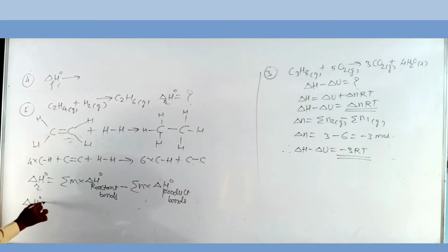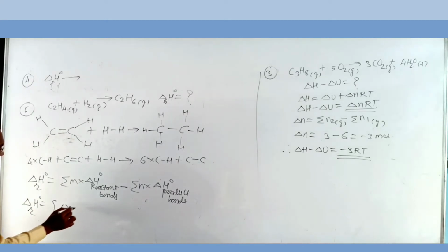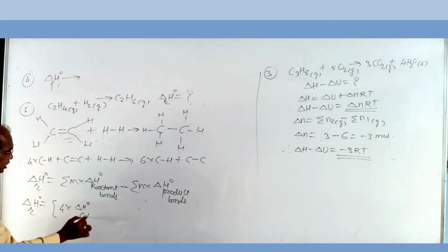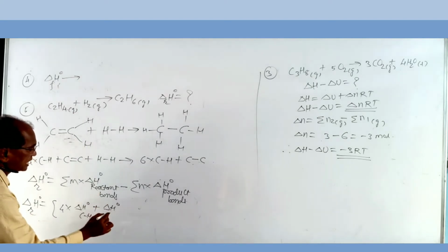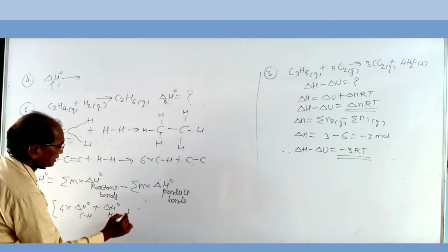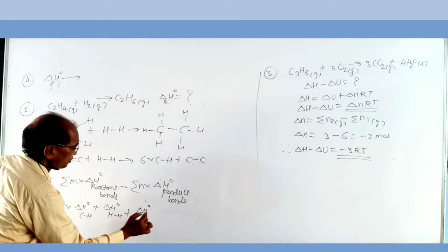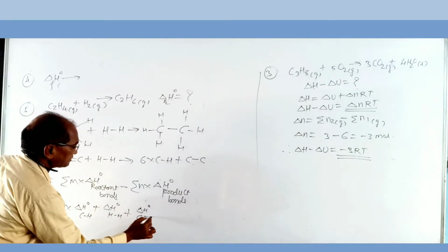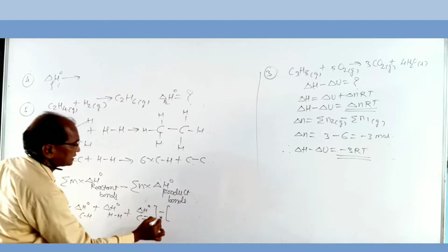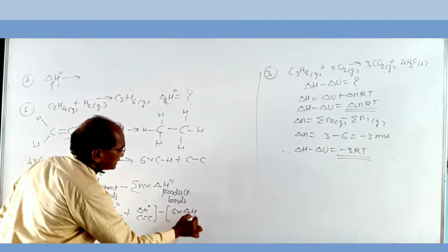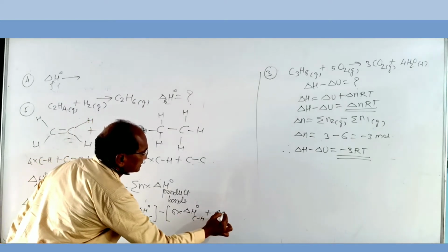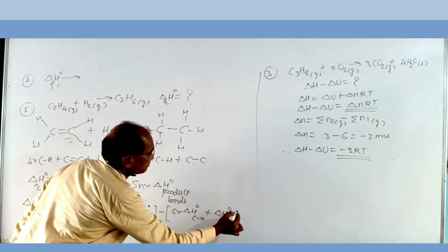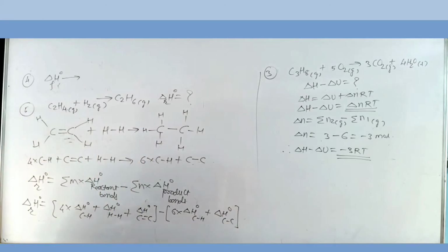Delta H0 of reaction is equal to 4 into delta H0 of C-H bond plus delta H0 of H-H bond plus delta H0 of C double bond C, minus 6 into delta H0 of C-H bond plus delta H0 of C-C bond.